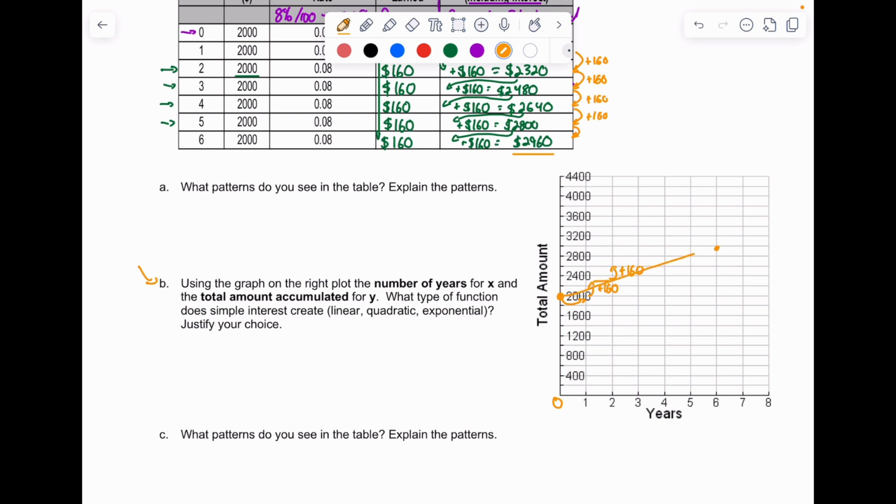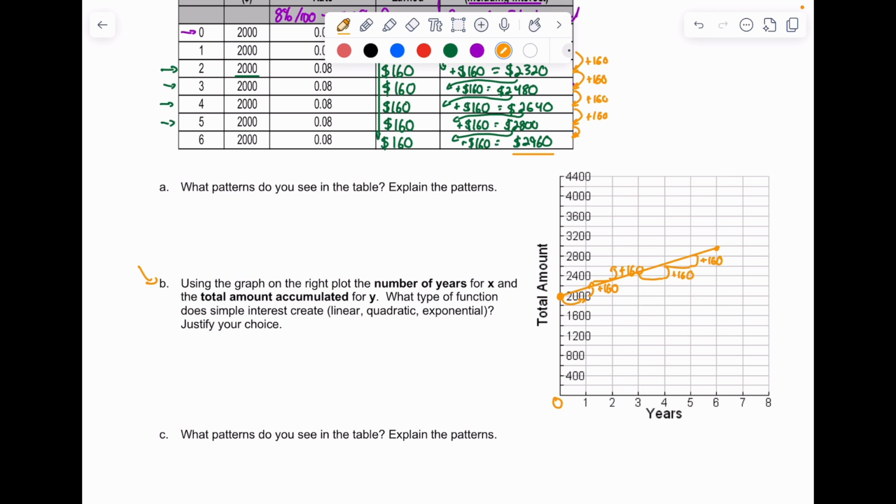My arrows are slightly off, but that's okay. So every tick, every time you go 1 year over, this would be plus $160, okay? A year goes by, you are going up plus $160. Well, go back to your math.